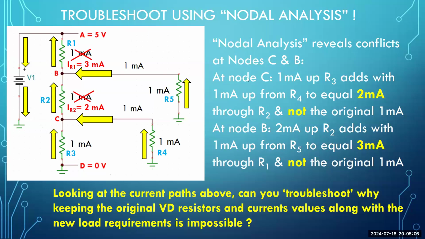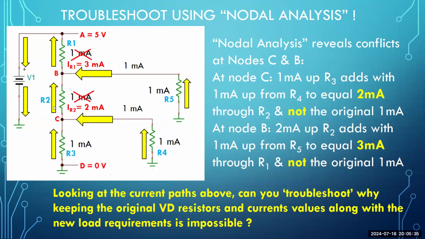So I state here at node C, 1 milliamp coming up through R3. There it is in yellow, 1 milliamp as part of the original circuit design. It adds with the 1 milliamp coming up through R4, because that was a design requirement. And you follow the path of the arrows, what happens at node C? You've got 2 inbound currents and only 1 wire coming out.